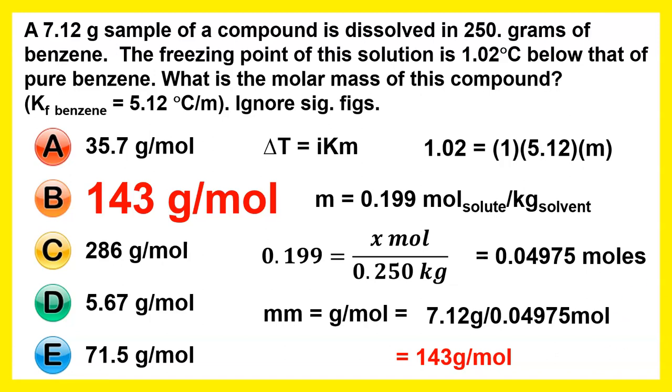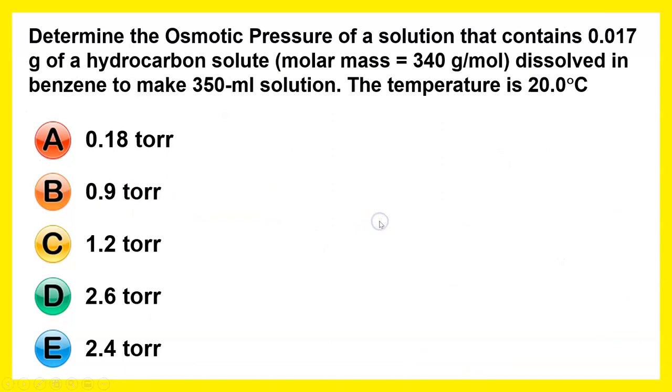Okay, one last one. Let's do an osmotic pressure one. You pause the video and try to calculate how much pressure you would have to apply to stop that osmosis from occurring. All right, how'd you do?